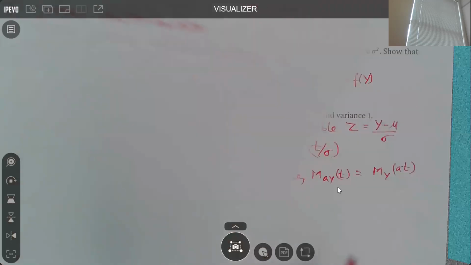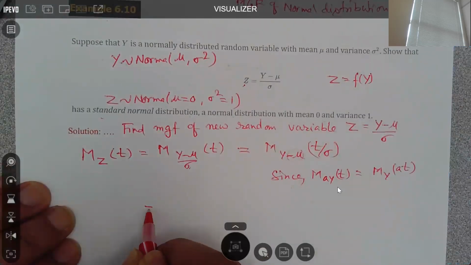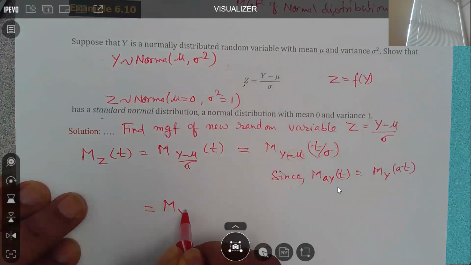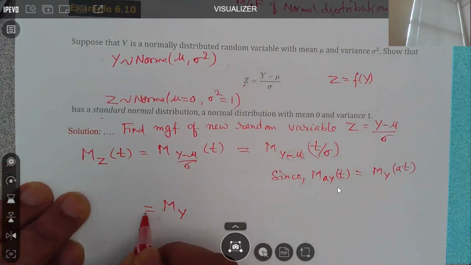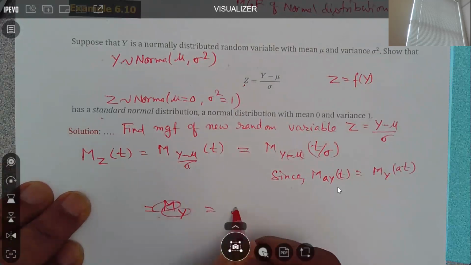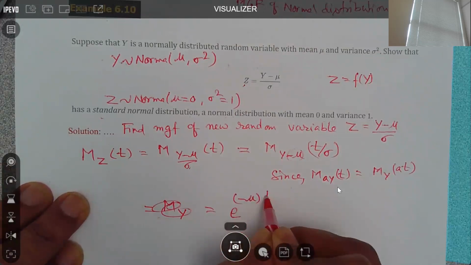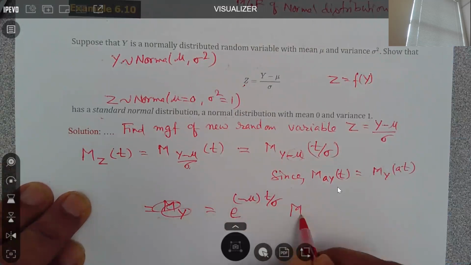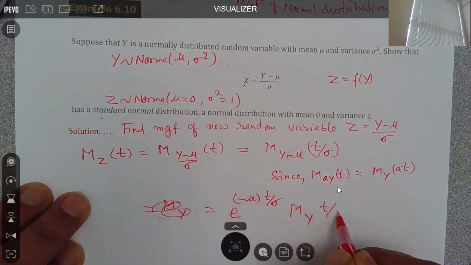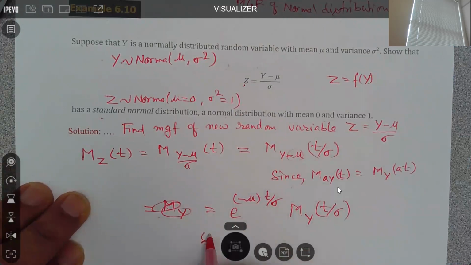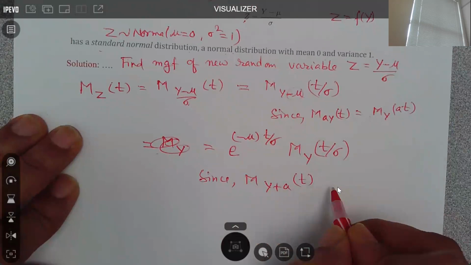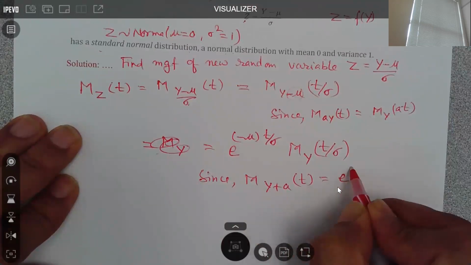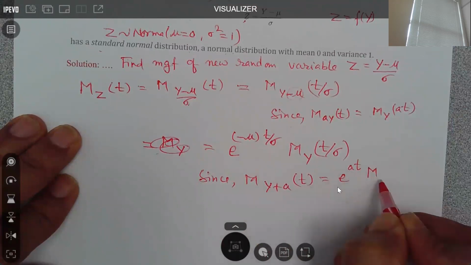So this is equals to e to the minus mu t over sigma times M_Y, since M_{Y+a}(t) equals e^{at} M_Y(t).